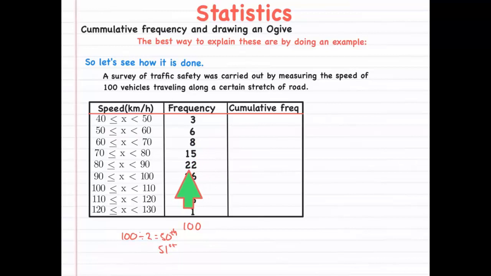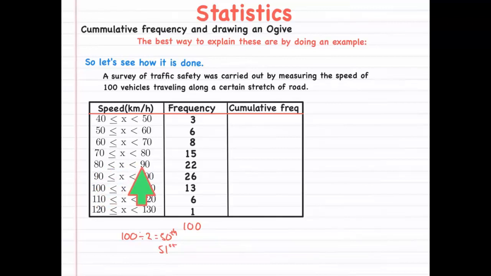If we add the 22 that fall within that range, we get to 54. So we know that the 50th and the 51st numbers are in that class, okay? So the median class is this one where x is greater than or equal to 80 and less than 90.